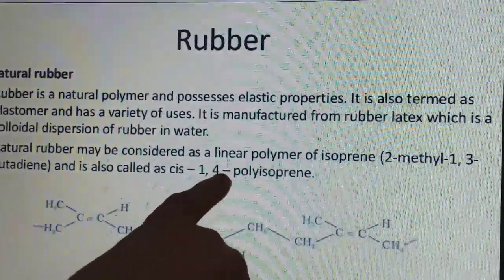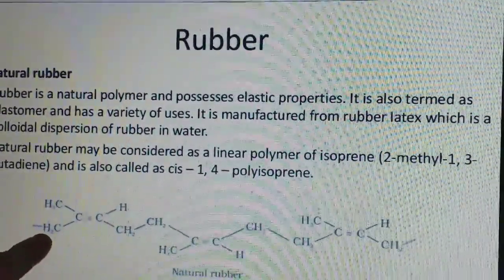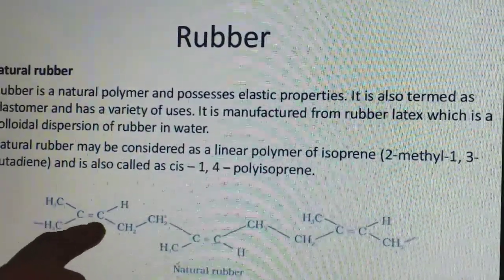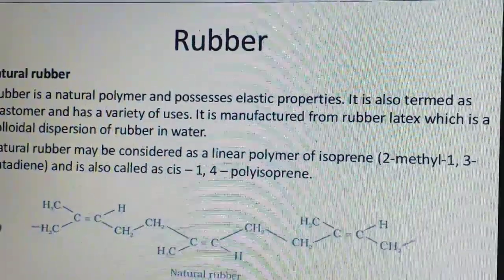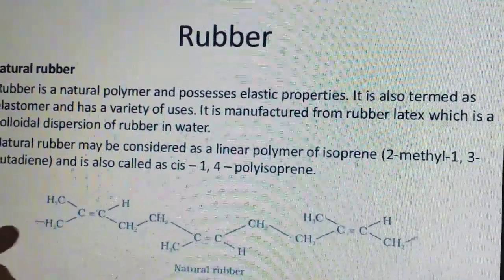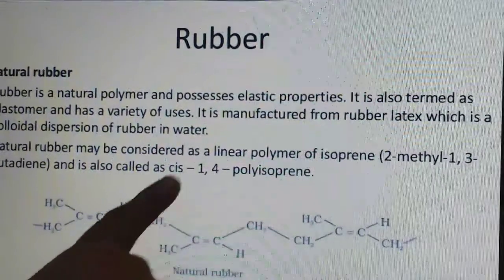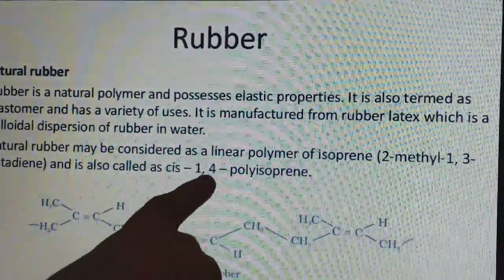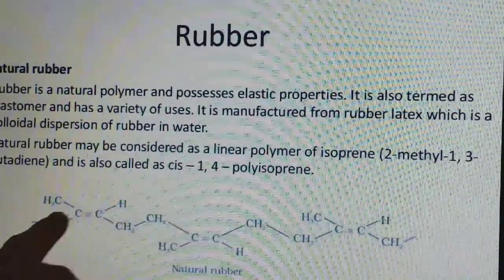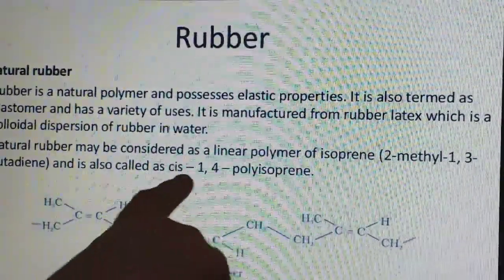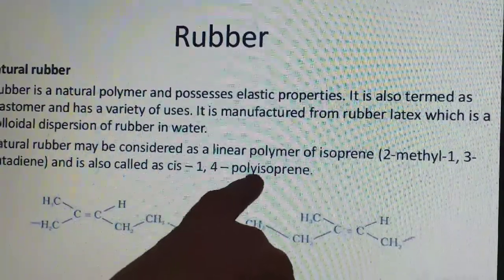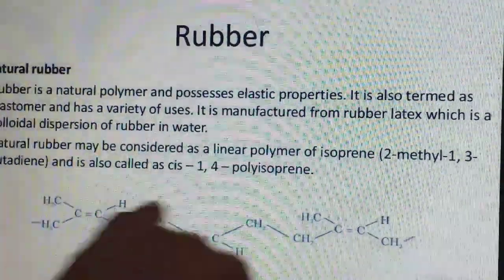And why 1,4 is given, you can see here, this is your first carbon, second carbon, third carbon, fourth carbon. So the polymerization occurs extended through the first carbon as well as the fourth carbon. So that's why it is called 1,4 polyisoprene, and CH3 and CH2 groups are on the same side. That's why it is cis. So cis 1,4 polyisoprene. I hope you understood this.